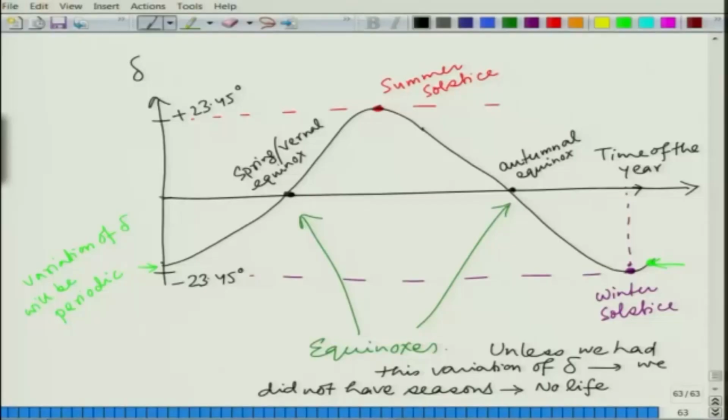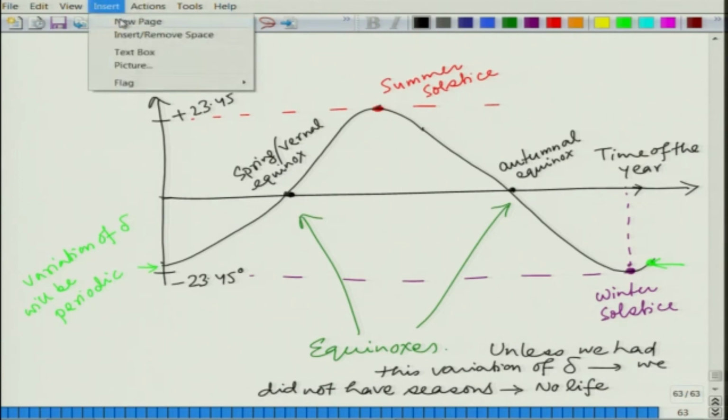So, no life would have been possible. Okay. So, this is the very important variation that we obtained, which is behind the life on earth.